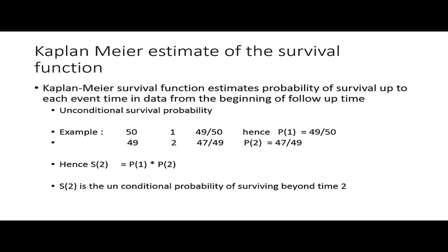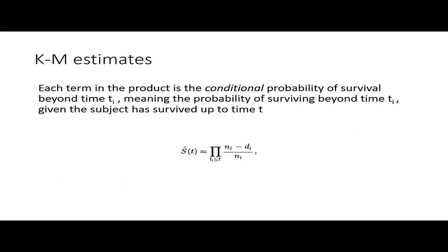So S of 2 is the unconditional survival probability, and that is very important for us. And we are going to estimate the S function, or the survival function, using the Kaplan-Meier estimation. Mathematically, as I said, it's the product of the conditional probability of survival beyond time t, and then you can just go on increasing the t value.